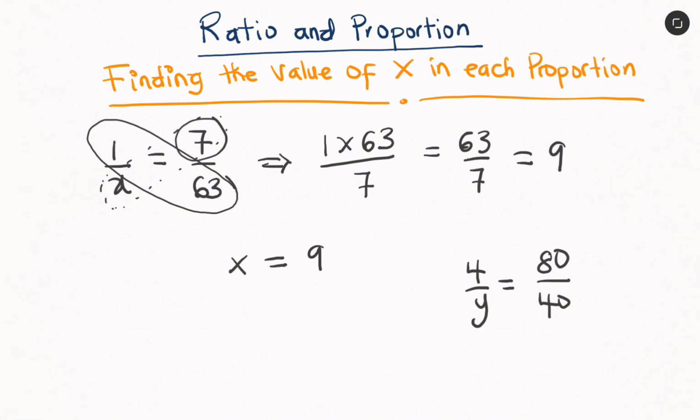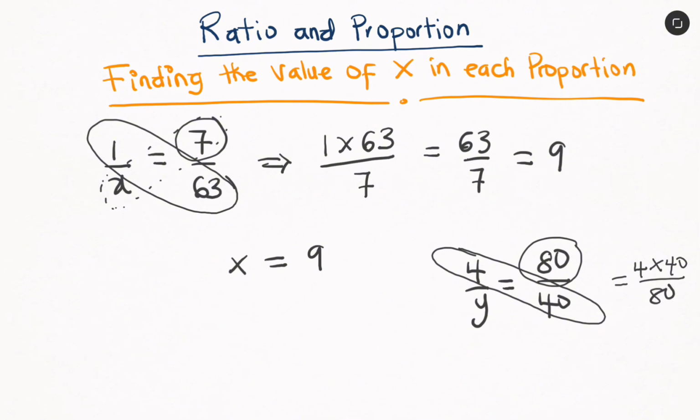Okay, all we have to do is, because we have the unknown variable at the bottom over here, we multiply the opposite side where we have the number, then we divide it by the one at the top. So it will become 4 multiplied by 40 divided by 80. And so once we solve that and get our answer, that will be the value for y. Okay, so y will be equal to the answer that you get after you multiply the top and you divide it by the denominator over here.